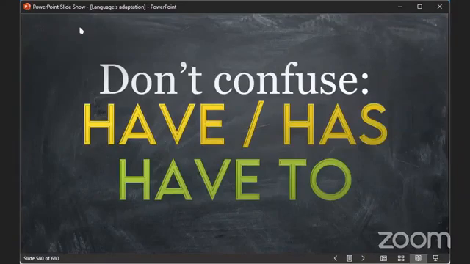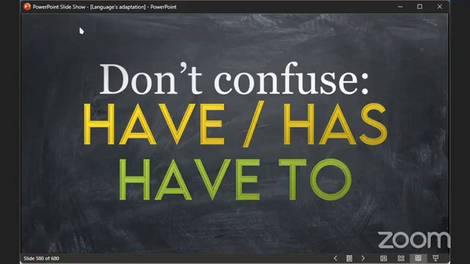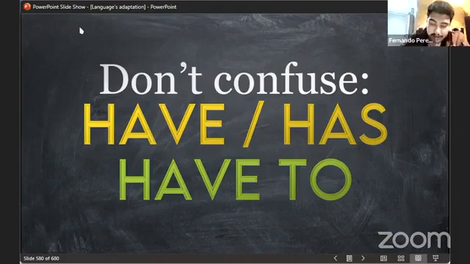Yes, I have a question. Tell me, Benji. Exists an expression that includes for and ago? No. Never. They are contradictory. For is contrary to ago, so they never go together.